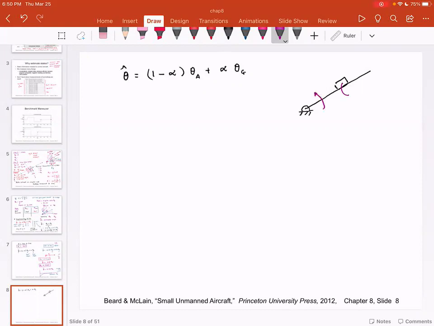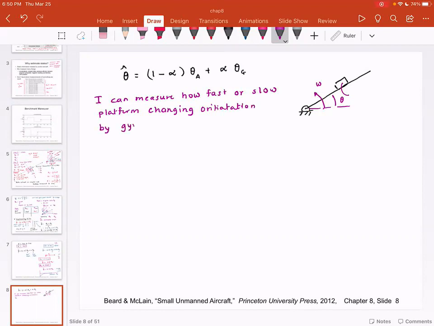So if this is the value of omega, I can measure how fast or slow the platform is changing orientation by gyro output, which I'm going to call theta dot g.